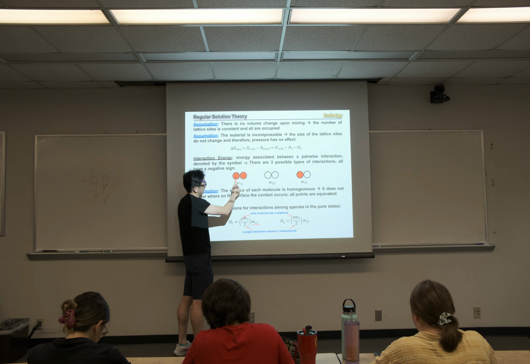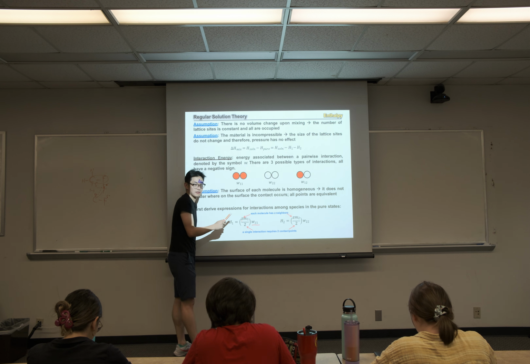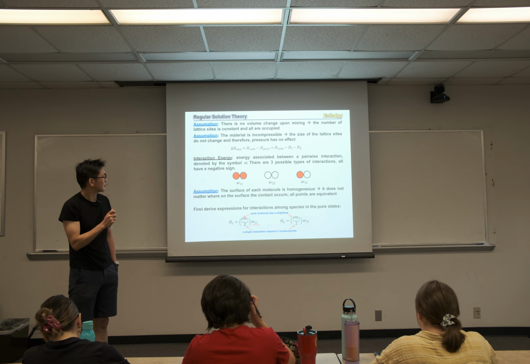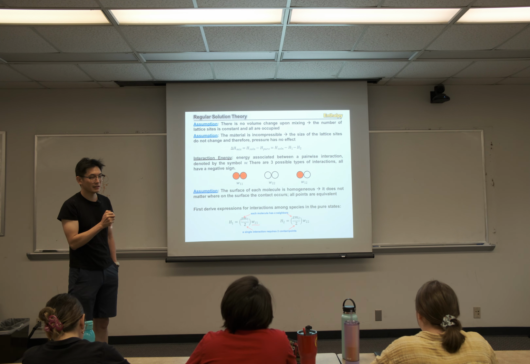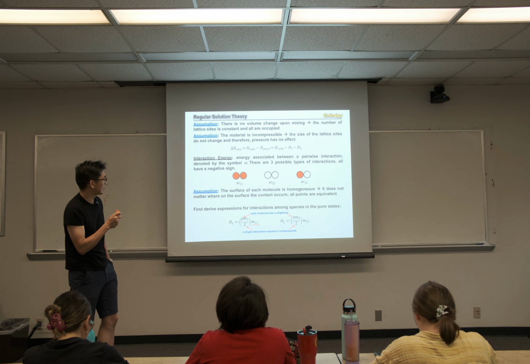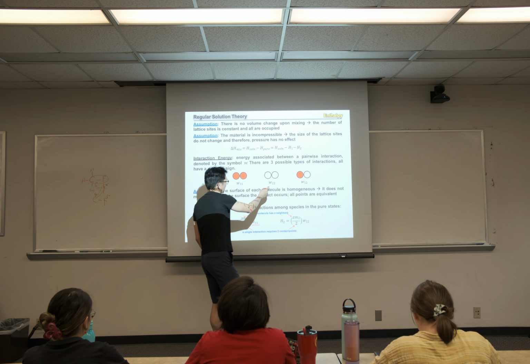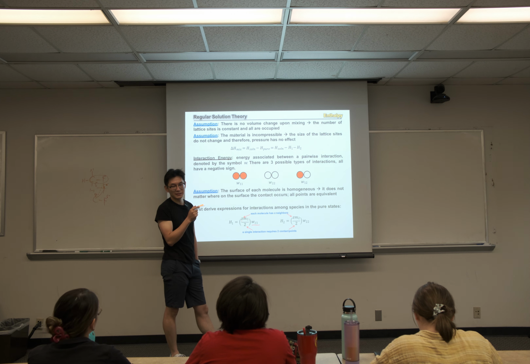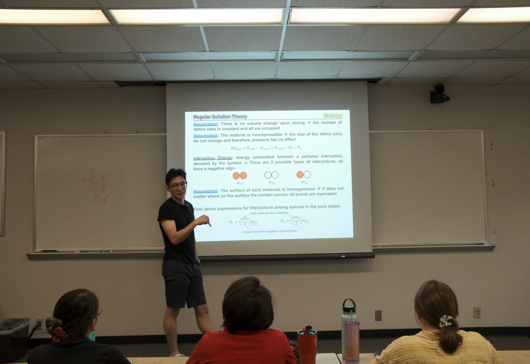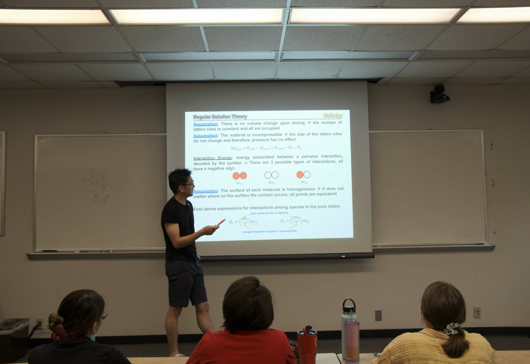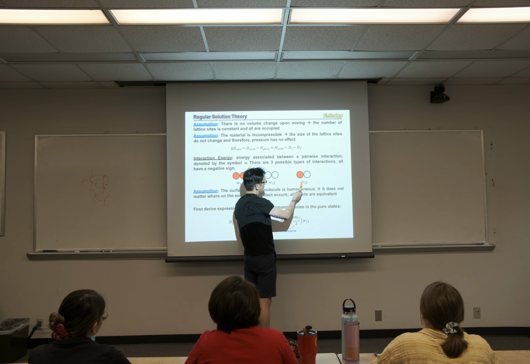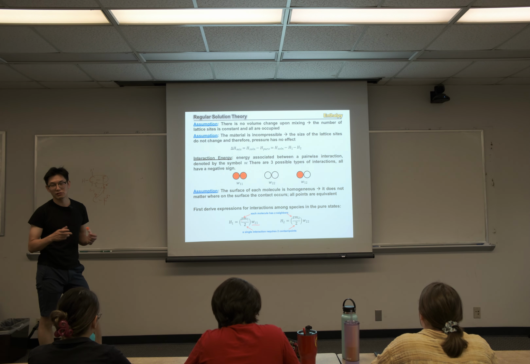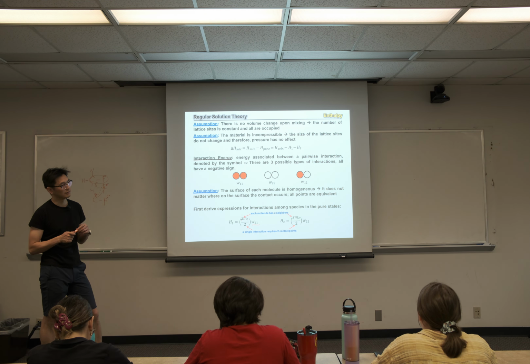So 1 red, another 1, another red. So it's an interaction between 2 red beads. And of course, when we mix, we would have a second type of interaction called W22. So these are the interactions between the white beads. And when we mix them, you also have the possibility to generate interaction between the red beads and the white beads. That's very straightforward. So these are just defining some of the interactions.